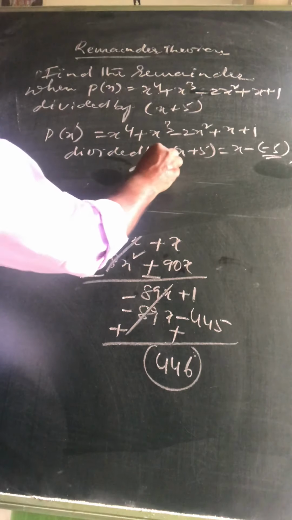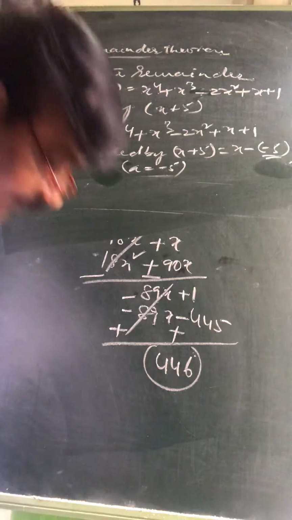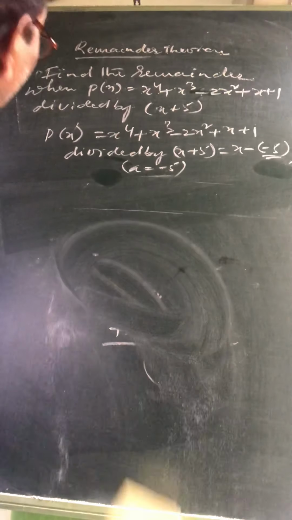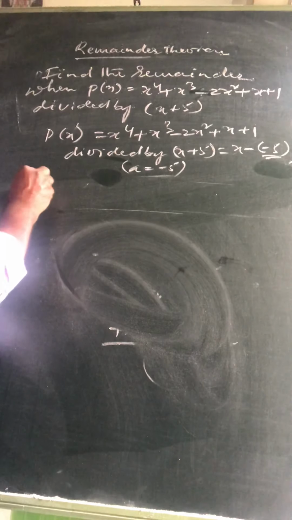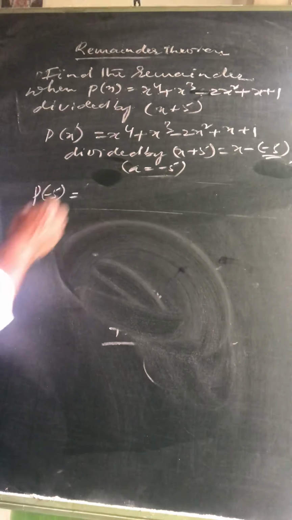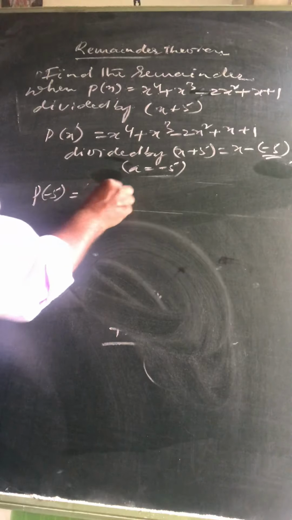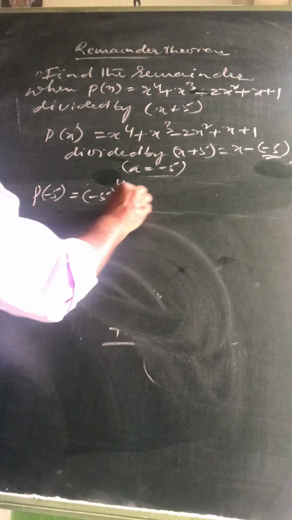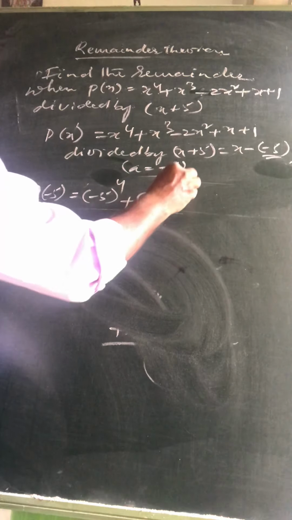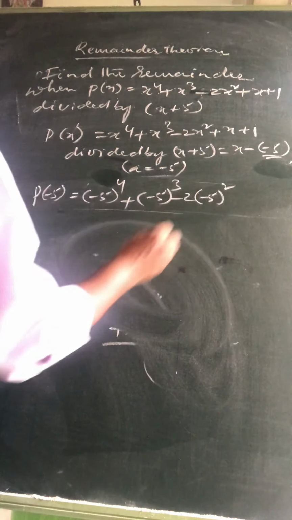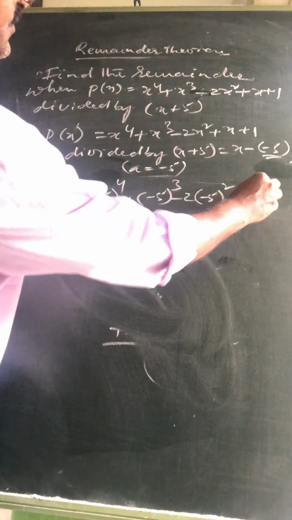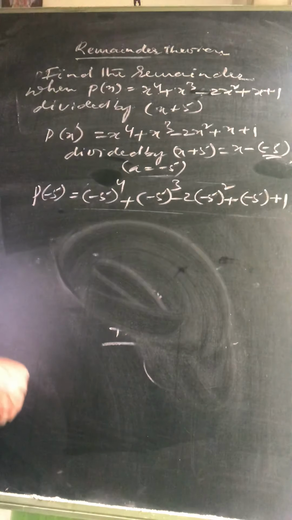So substitute a is equal to minus 5. p of minus 5 is equal to minus 5 whole to the power of 4 plus minus 5 whole to the power of 3 minus 2 into minus 5 whole square plus minus 5 plus 1.